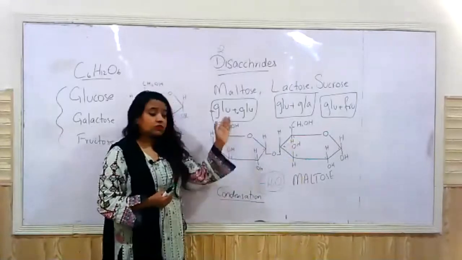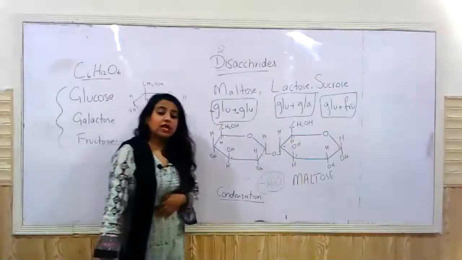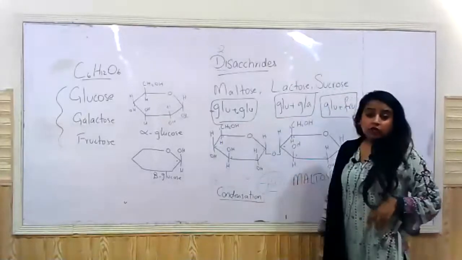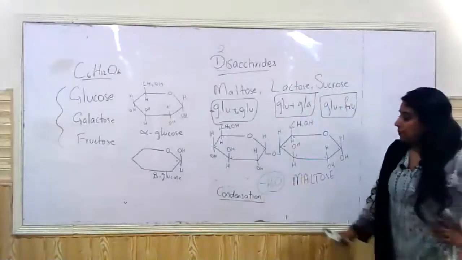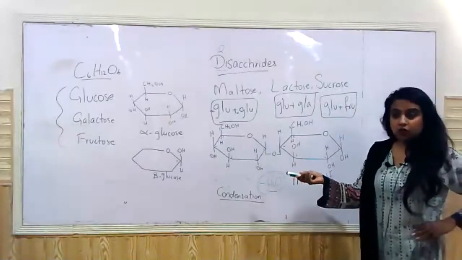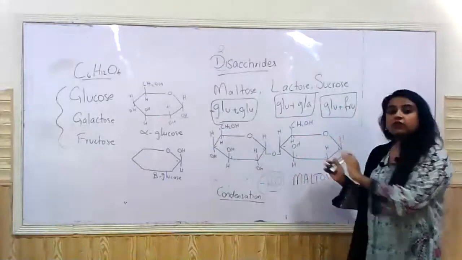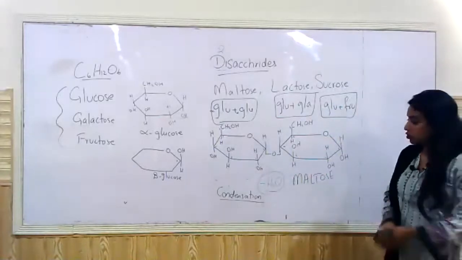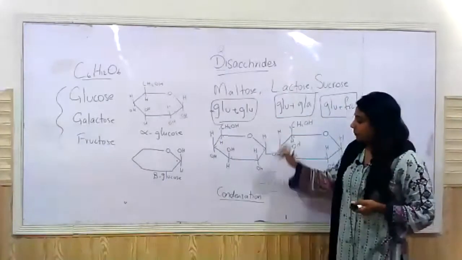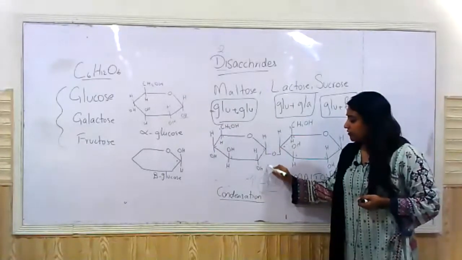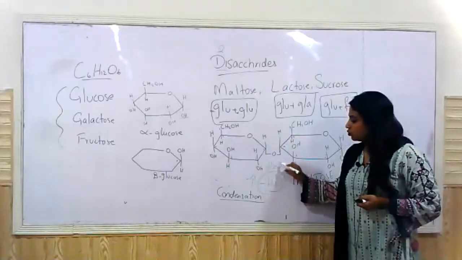Okay, now this reaction is reversible. Just like by the removal of a water molecule, a disaccharide molecule is formed, similarly, by the addition of a water molecule back into this molecule, what can be formed? They can both be converted back to alpha glucose molecules. So if I add water, H2O, right?